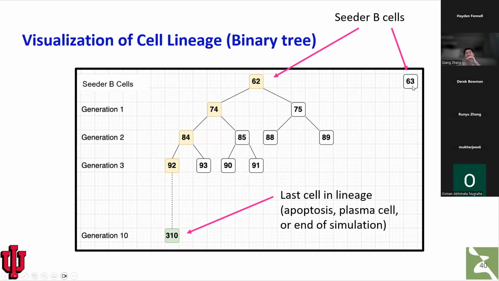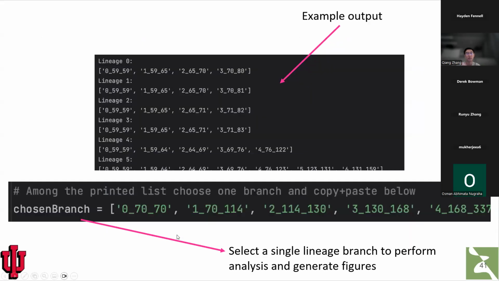The terminal cells in a linear branch represent either cells that die, or B cells that differentiated into plasma cells, or cells at the end of the simulation. That's the last cell in a branch. When you execute those lines, it will produce the sequence of each lineage. Say this one starts from here and ends over here, and this one starts from the same cell but ends with a different cell, and so on and so forth.